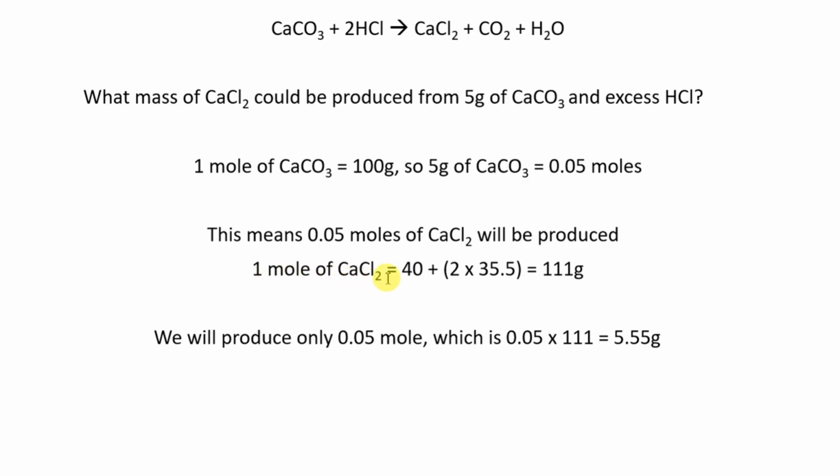I can work the mass of CaCl2, 40 for the calcium as it turns out. 35.5 but times 2 for the chlorines adds up to 111 grams. We're only going to get 0.05 moles, multiply my 111 by 0.05 to get my final answer.